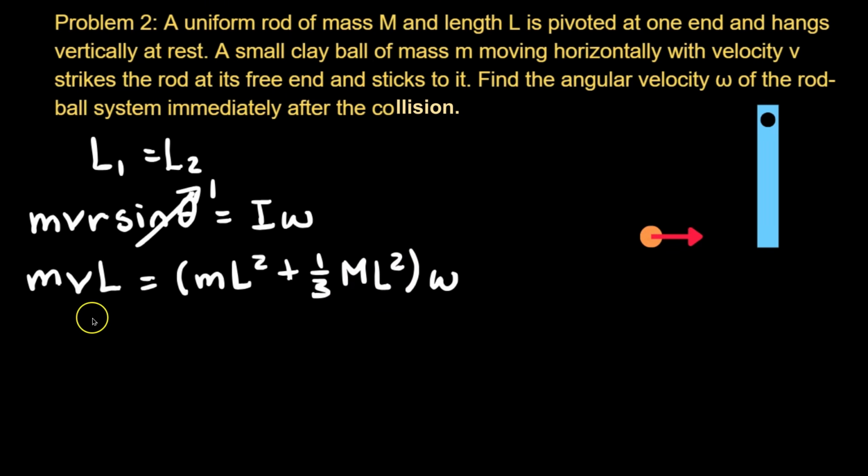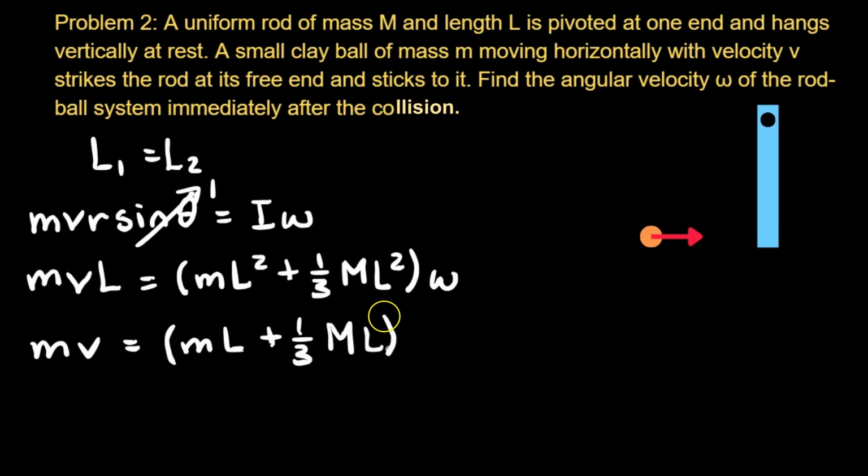And so that gives us mv times big L is equal to m times big L squared plus 1 over 3 big M times big L squared, times omega. We're going to divide L on both sides, and that gives us mv is equal to m times big L plus 1 over 3 times big M times big L, times omega.